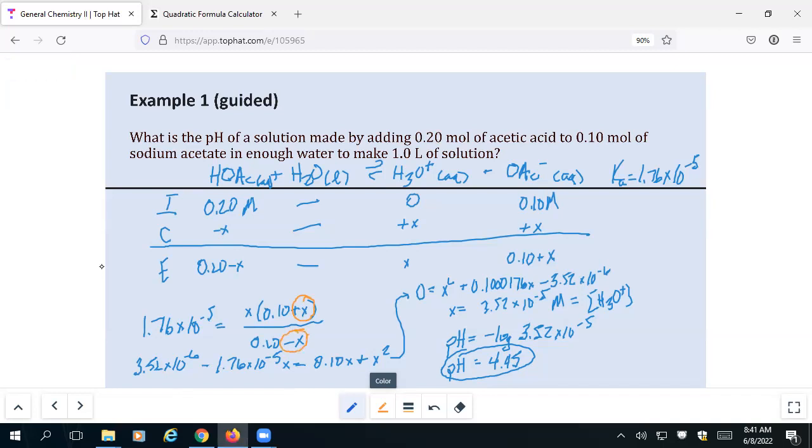If we had done that, we would have had Ka is equal to x over 2. 0.1 divided by 0.2 is 1/2. So multiply each side by 2, you would have got 3.52 times 10 to the negative fifth. We're going to have the exact same place.